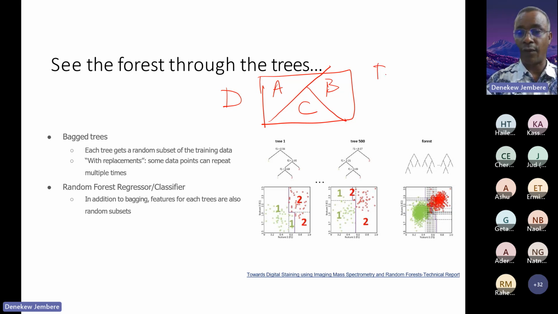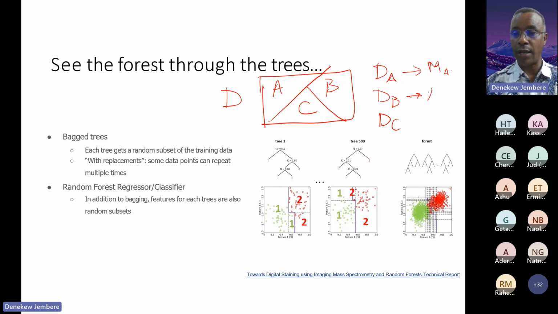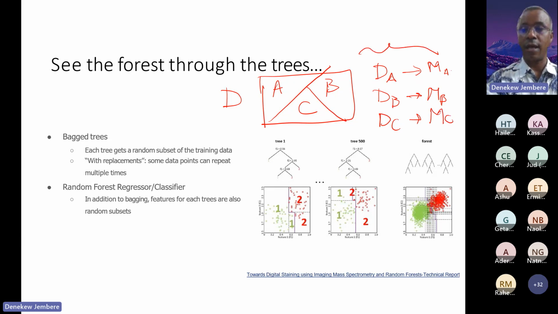The subset A, subset B, subset C, and this will create model A, and this will create model B, and this will create model C. So this is bagging, okay?